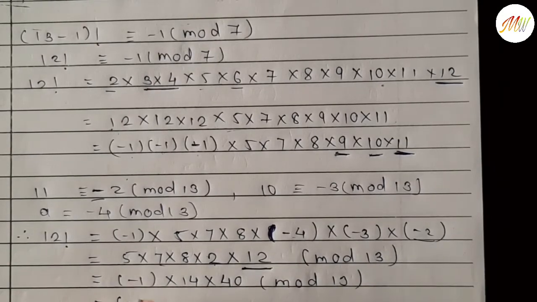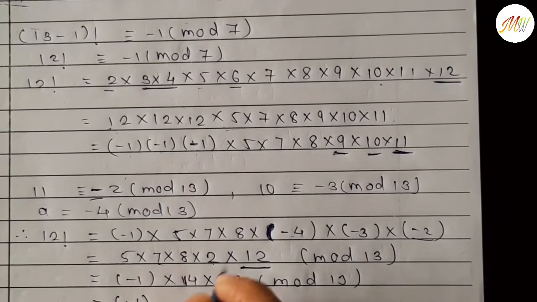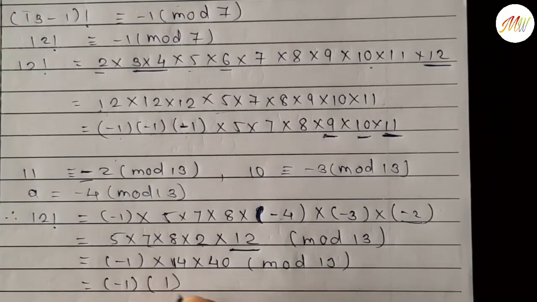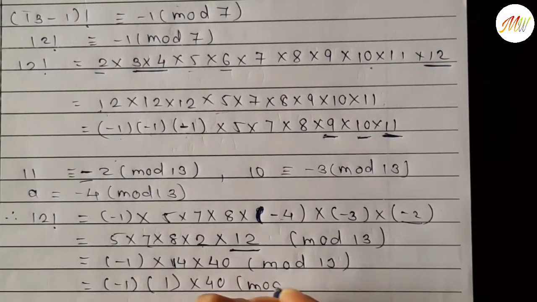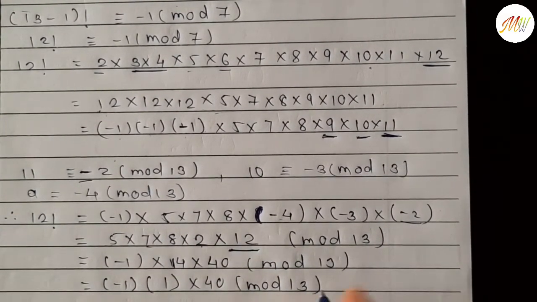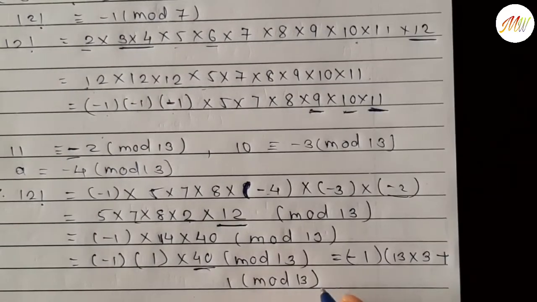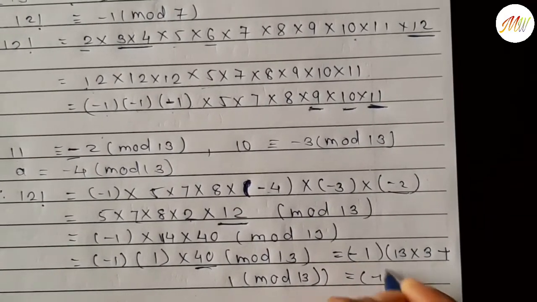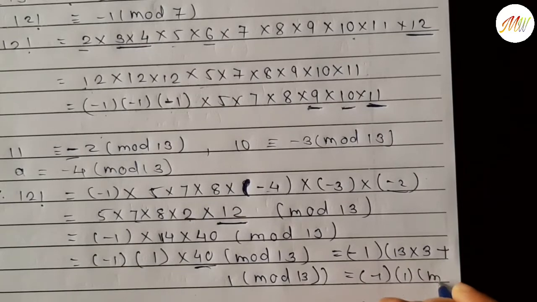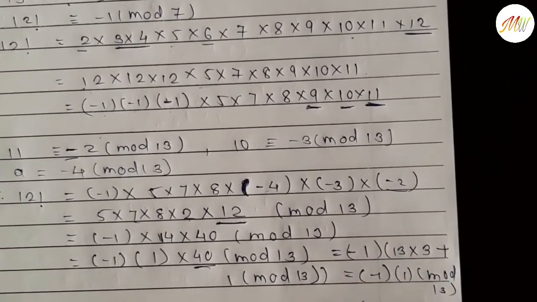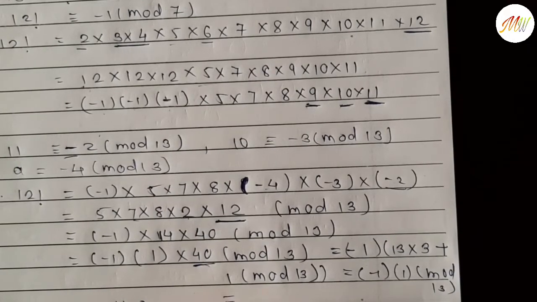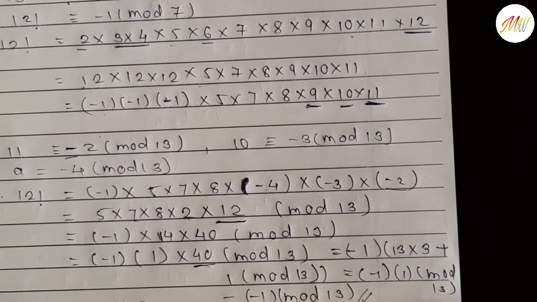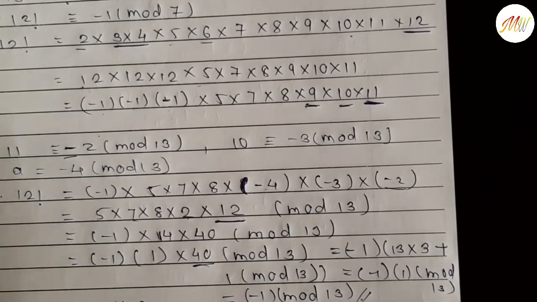Okay, so minus 1, if you take the value for 14 mod 13 is, again we get 1 into 40 mod 13. Okay, which is equal to this minus 1 mod 13. Okay, which is equal to minus 1 mod 13. That's what we have to show.